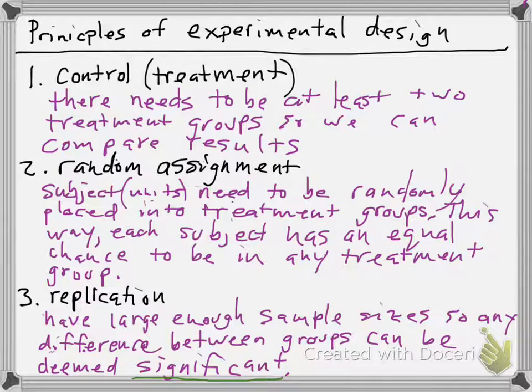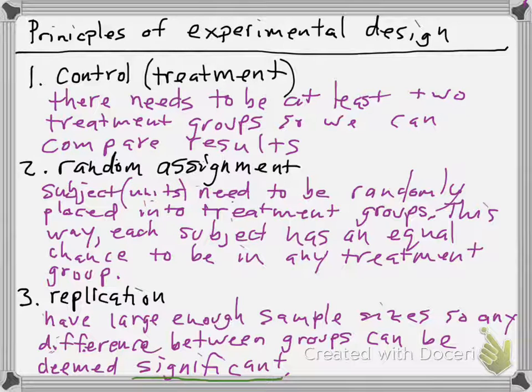Last one is replication. You should have a large enough sample size so that any difference between 2 groups can be deemed significant or not. This word significant is actually a fairly important word in statistics.